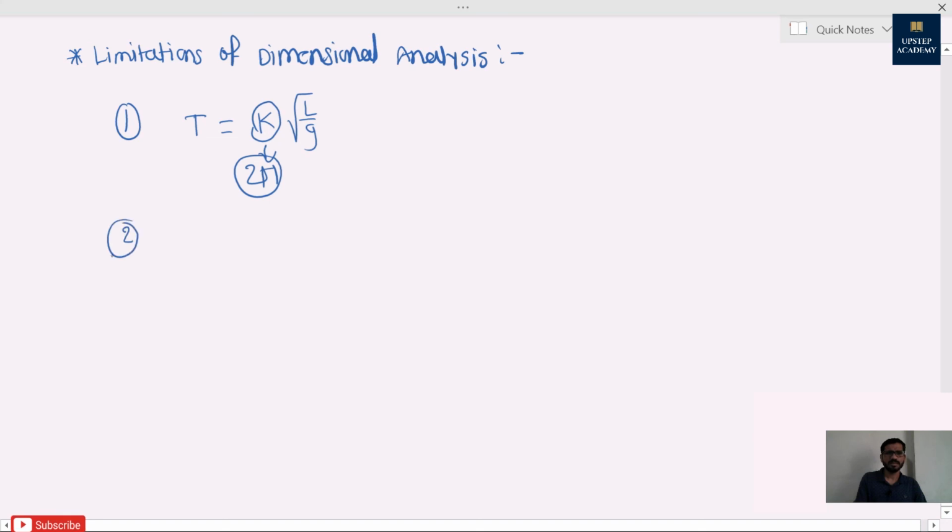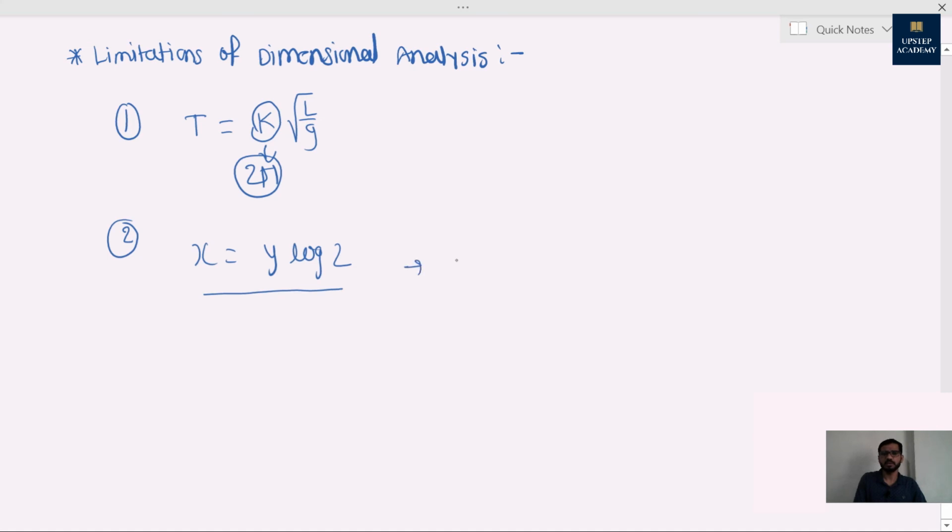Second limitation of dimensional analysis is we cannot use dimensional analysis for establishing relations between two physical quantities if functions like trigonometric functions, logarithmic functions and exponential functions are present in the equations. It means what? If suppose there is the relation x is equal to y log z, then we cannot use dimensional analysis to set this relation.